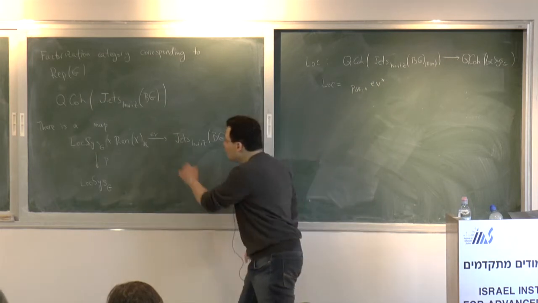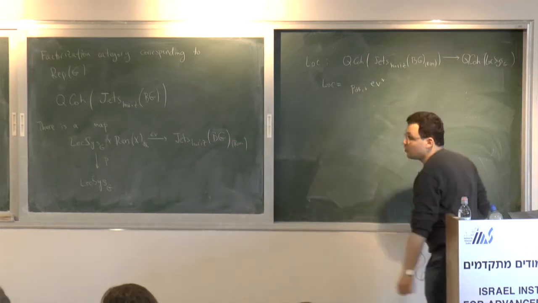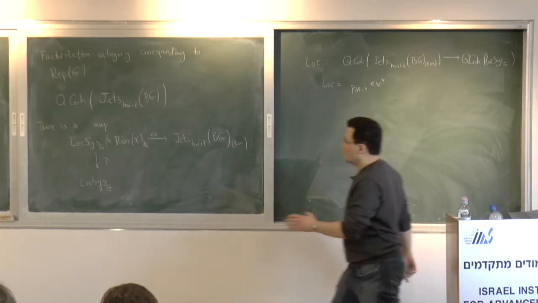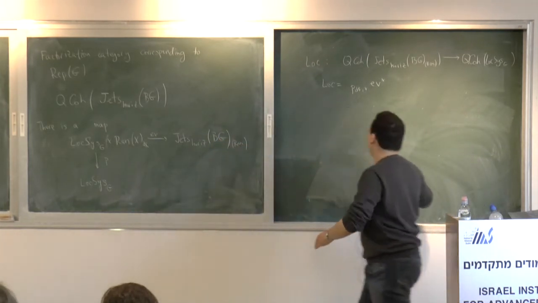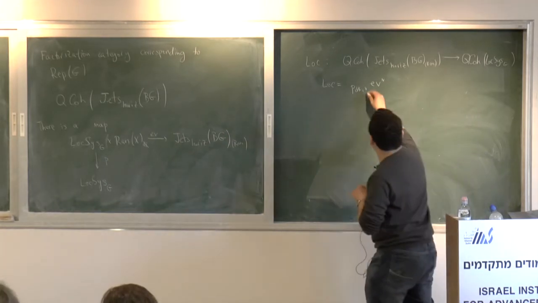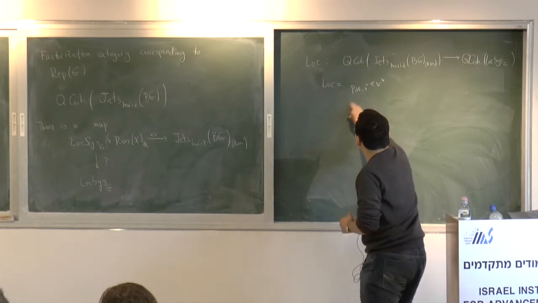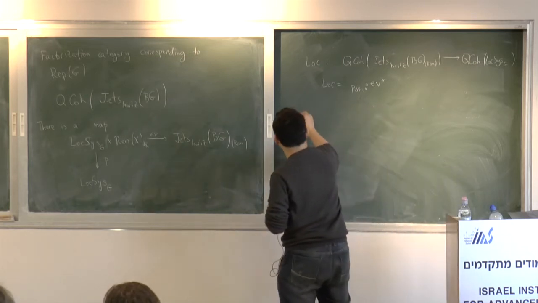This is already the Durand stack, but I'm going to write Durand here to emphasize that we're not just taking the quasi-coherent push forward. This is like the D-module push forward.